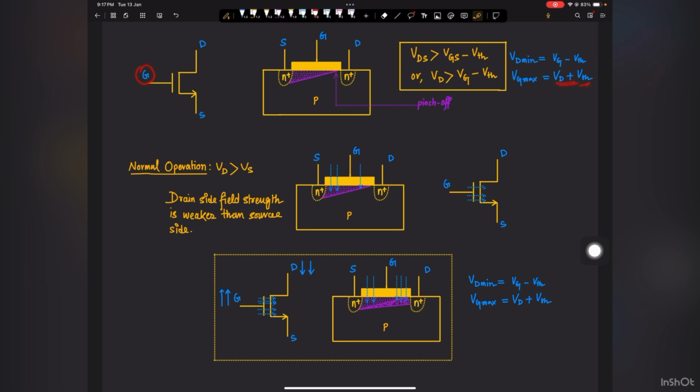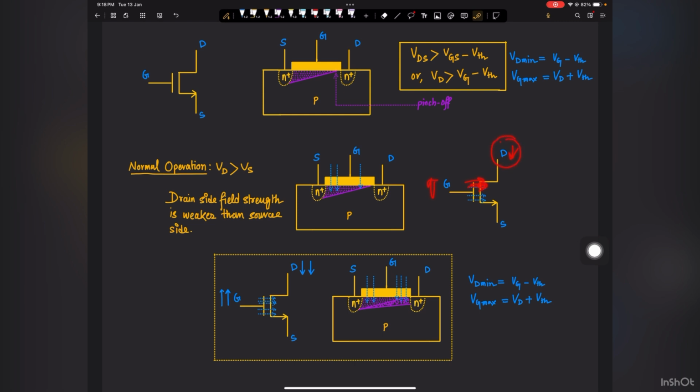So this is how you can remember, and this is the concept. If you remember this picture, when the transistor symbol is there in your mind, you can think about this electric field. What will happen if I increase the gate potential? Your electric field increases. What will happen if I decrease the drain potential? Your electric field will increase.